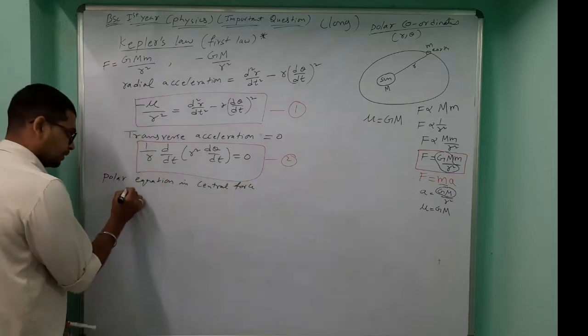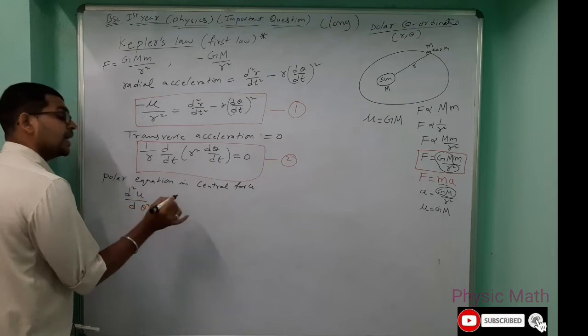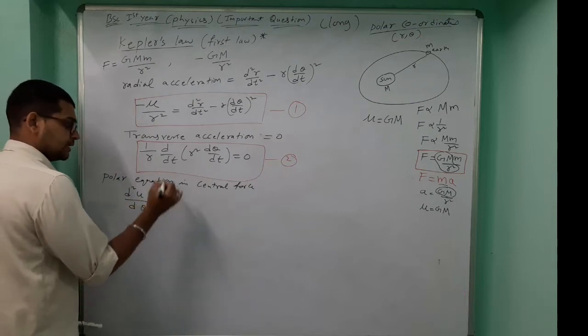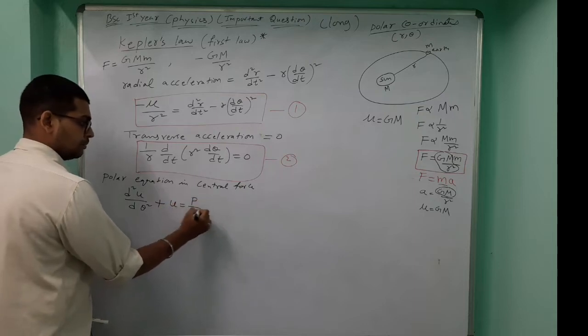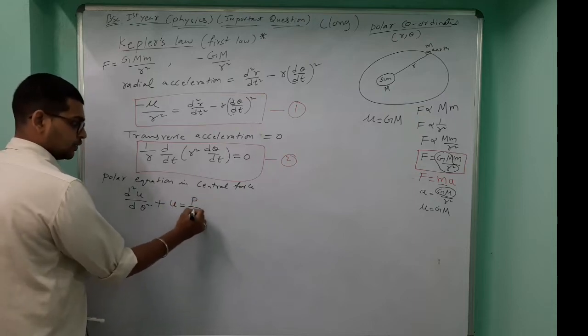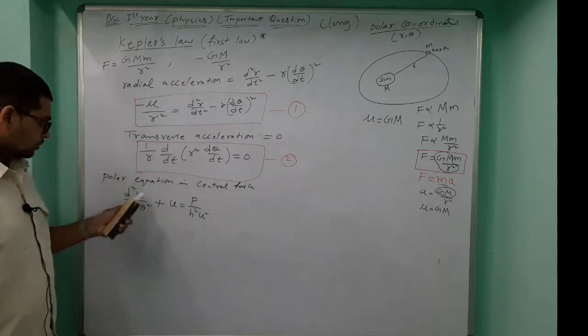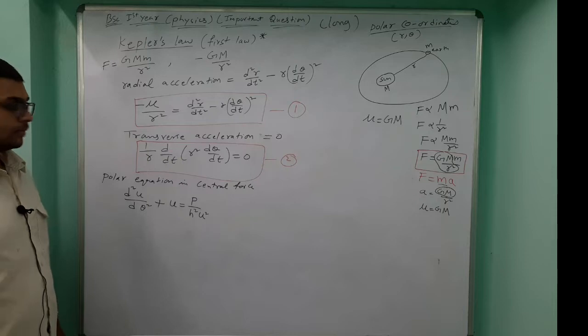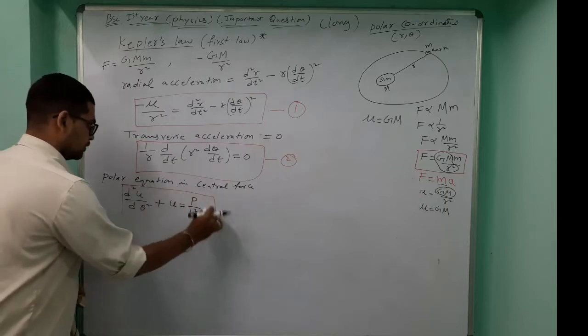See carefully: d square u by d theta square plus u is equal to mu by h square u square. Now, what is u? Let us call this equation 3.